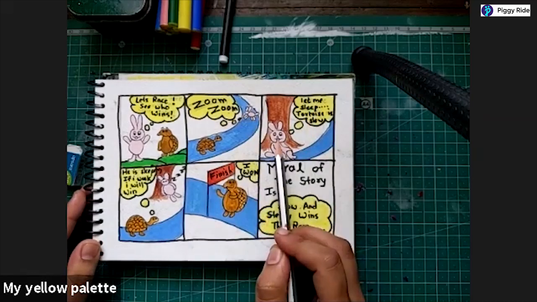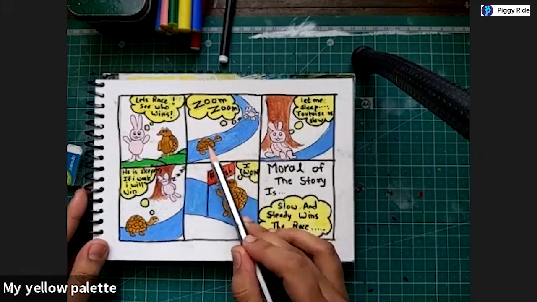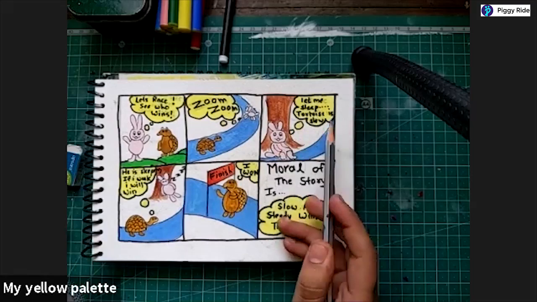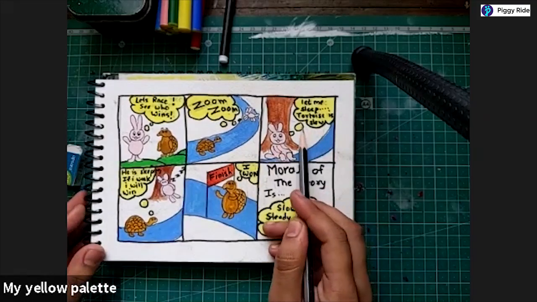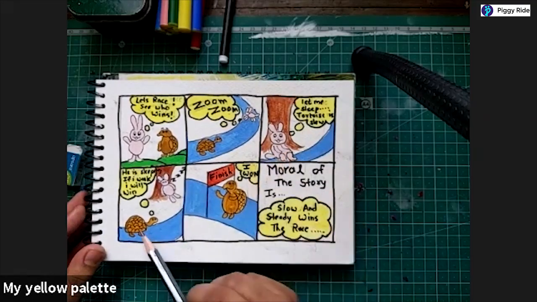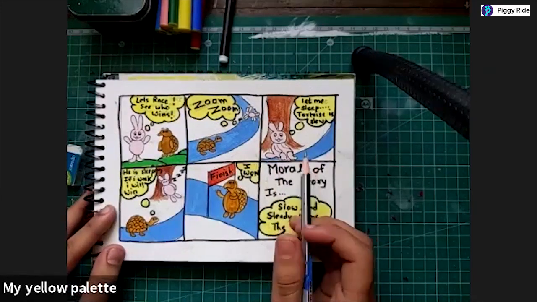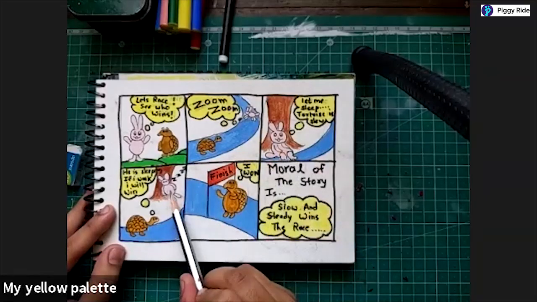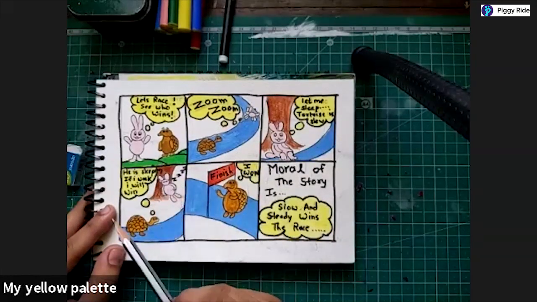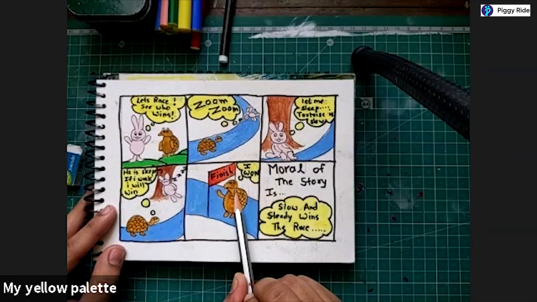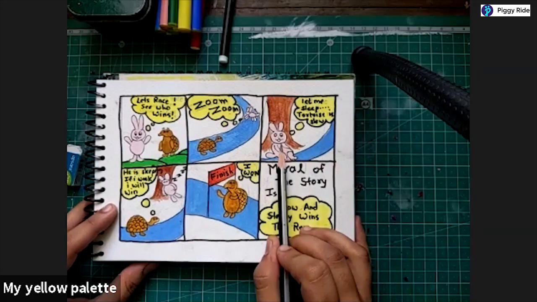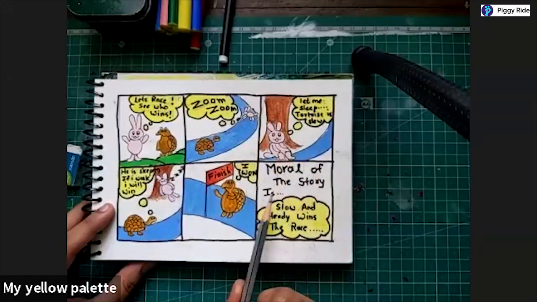Then he realizes, I am very fast but the turtle is very slow, so let me take a little bit of rest, and meanwhile the turtle will come, and then I will again start running fast and win the race. But what happens is the rabbit sleeps for a long time, and meanwhile the turtle crosses the rabbit and wins the race while the rabbit is still sleeping. So the moral of the story is that slow and steady always wins the race.